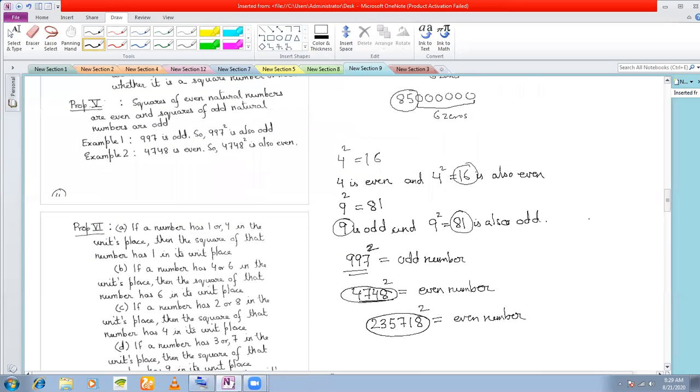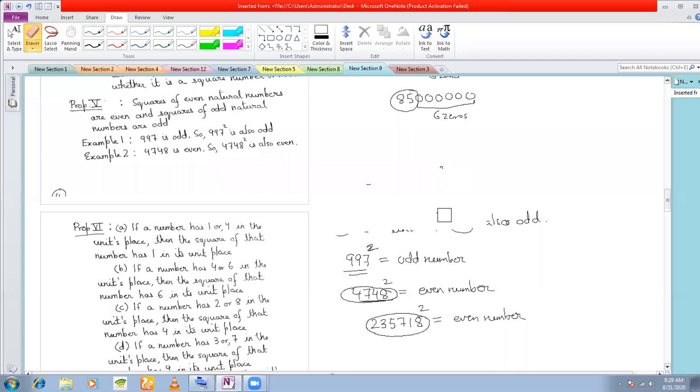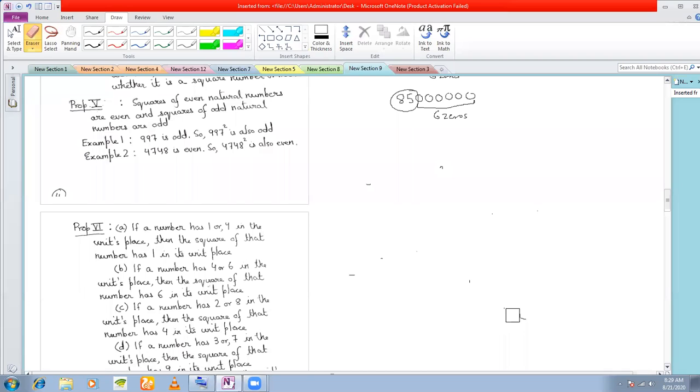You square an even number, you get an even number. It's something like saying you reap what you sow. So that is what this property is.